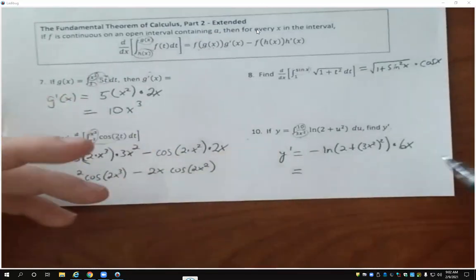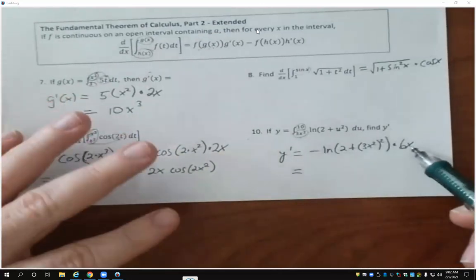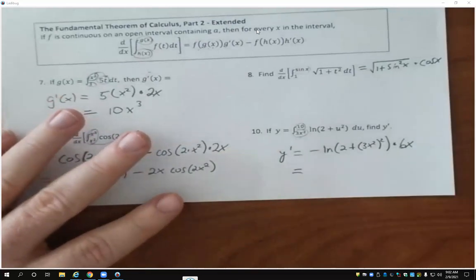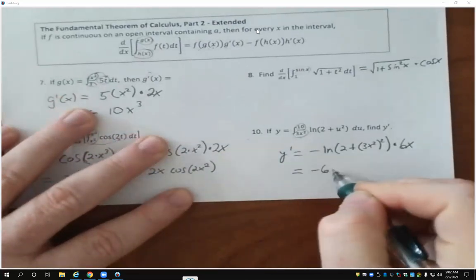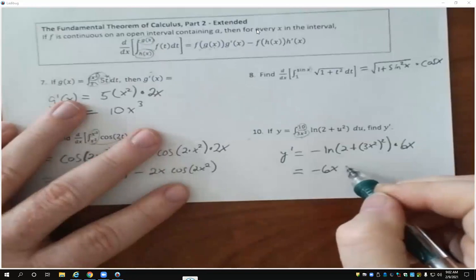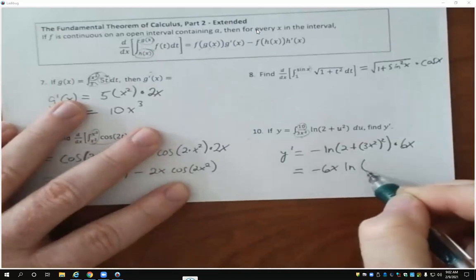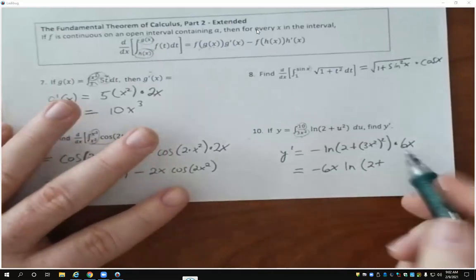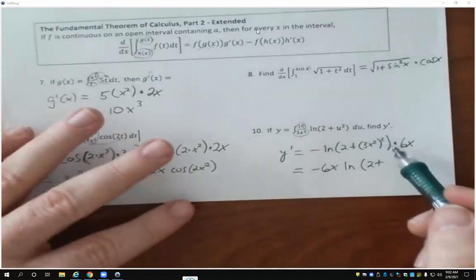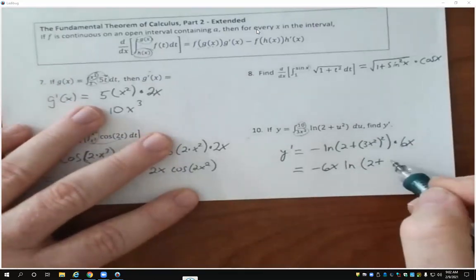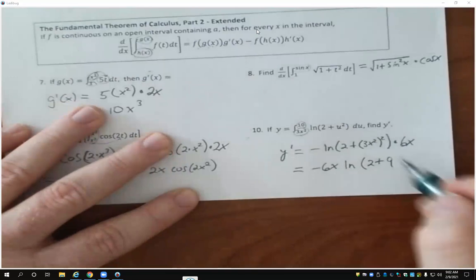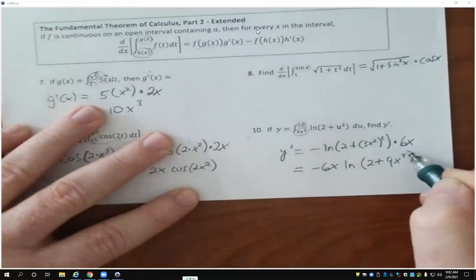And once again, multiple choice, we're going to clean this up a little bit. We're going to move the 6x into the front and get negative 6x. And then natural log of 2 plus, and then this most likely will be multiplied out. So 3 squared is 9, and x squared is x to the 4th.